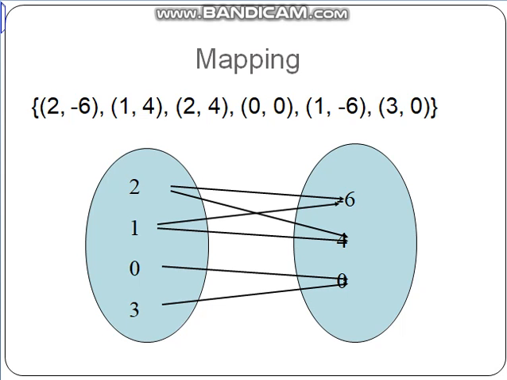The range elements are -6, 4 and 0. 2 is connected with 6, 1 with 4, 2 with 4. All these elements are connected like this. It means all domain elements are connected to the corresponding range elements.